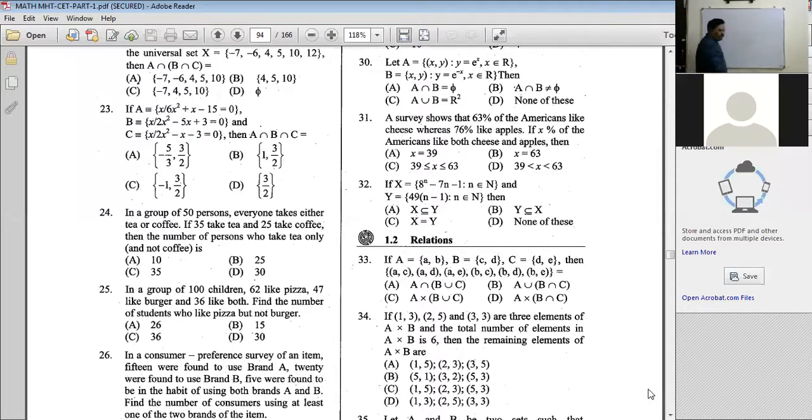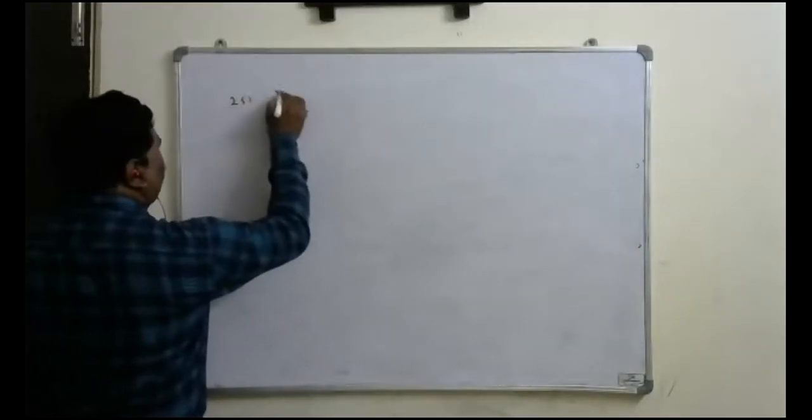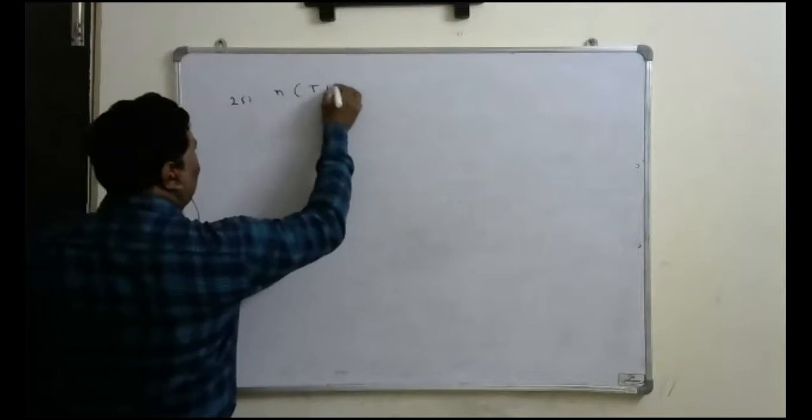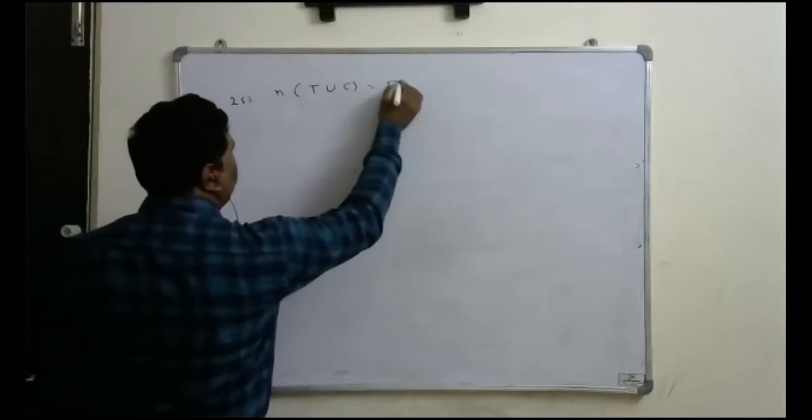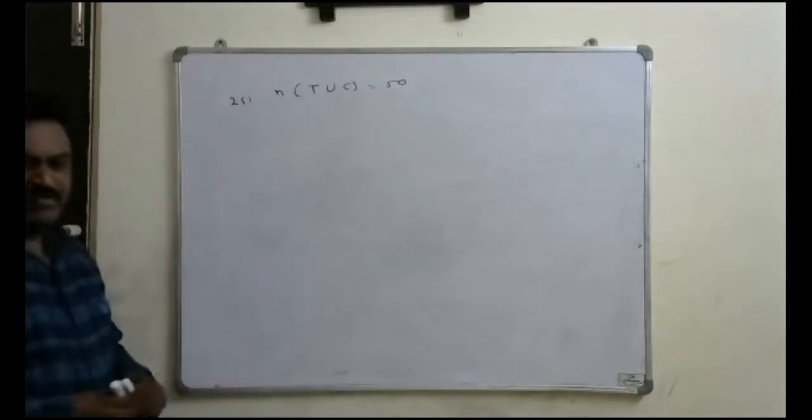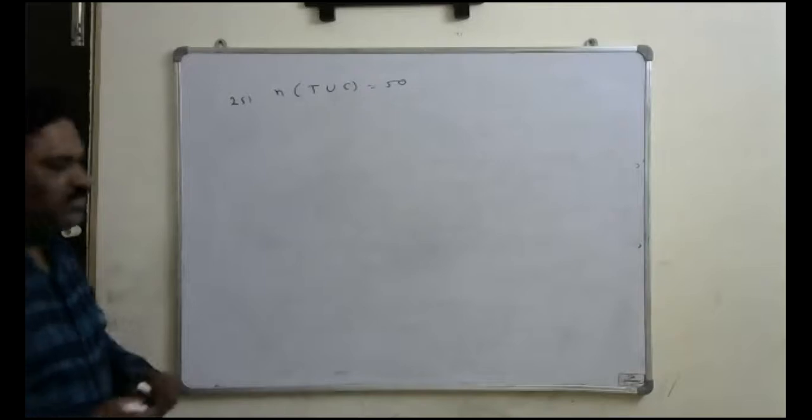Observe that there are a total of 50 persons. So every member will take either tea or coffee. So that's why we can call it N of tea or coffee, that is T union C is given as 50. They will take either tea or coffee.